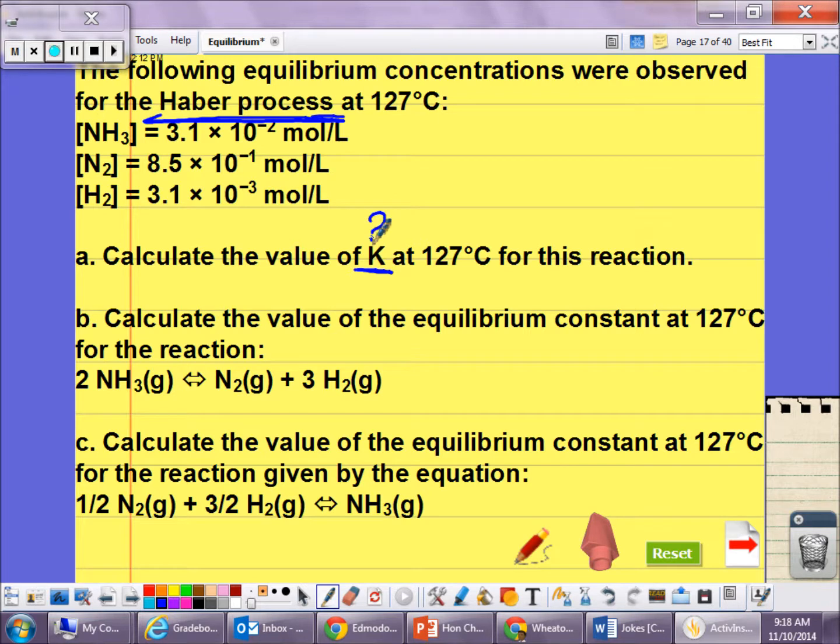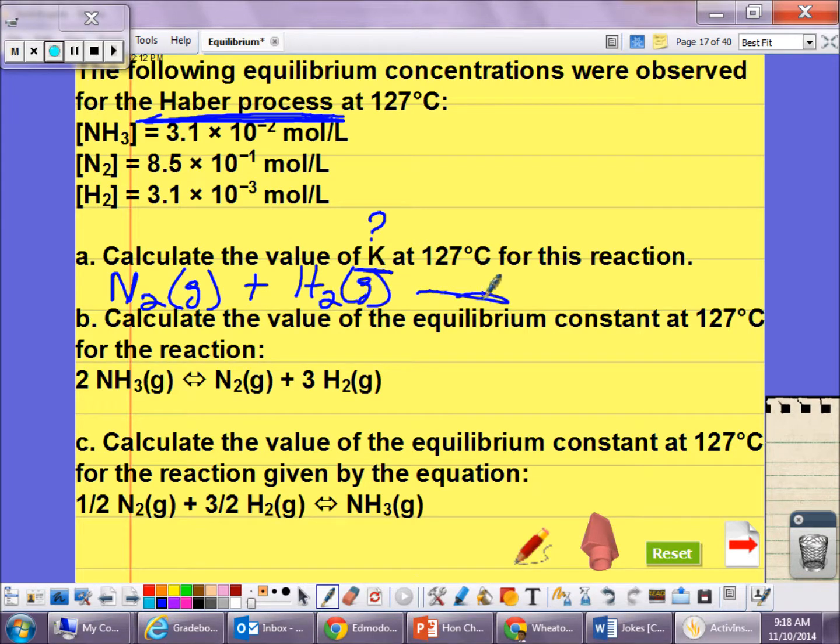So, you should always start with a balanced chemical equation. And again, I want you to get used to that expression. Haber process is the formation of ammonia from nitrogen gas and hydrogen gas to produce ammonia.